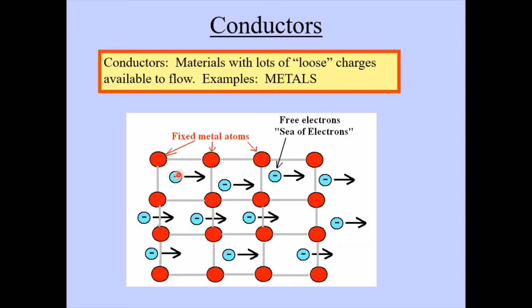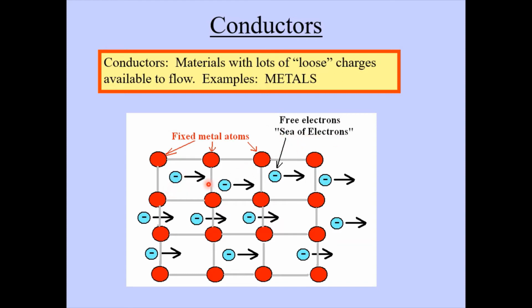In fact, they become free to move around inside of this conductor. So in this metal solid here, we have a whole bunch of what they call free electrons, meaning they're not bound to these atoms anymore. They're free to roam around. This is also sometimes called a sea of electrons.